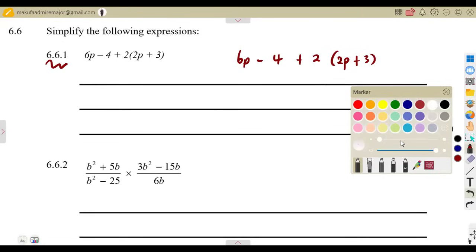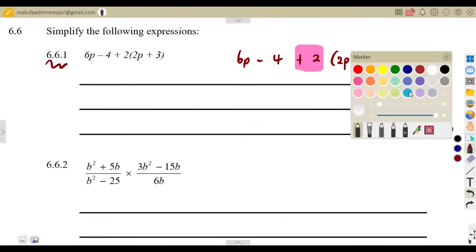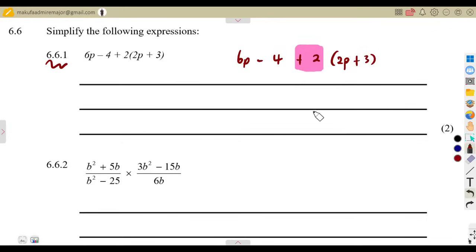So this is the idea there. The number in contact with the bracket is the one that you use to expand your brackets. So meaning to say 6p minus 4 is not affected anyhow. The 2 is the one that you're going to distribute inside of the bracket.